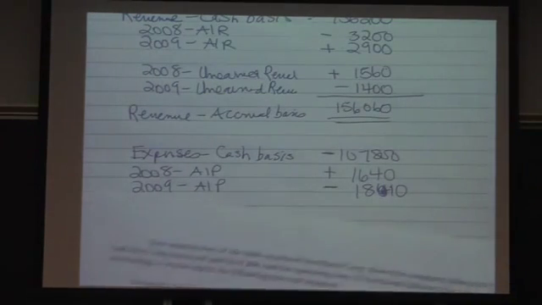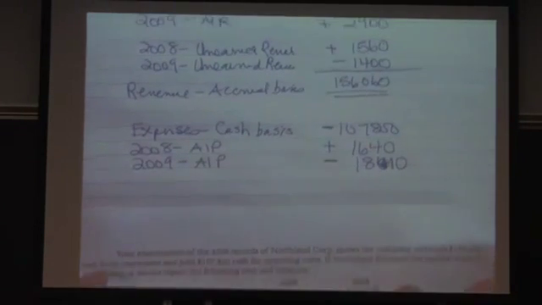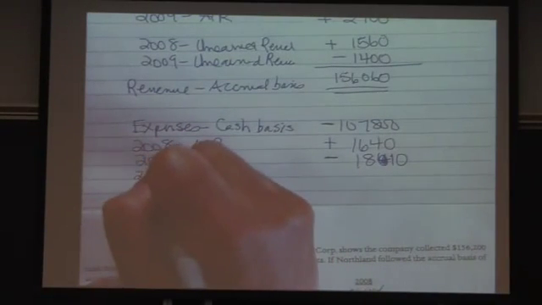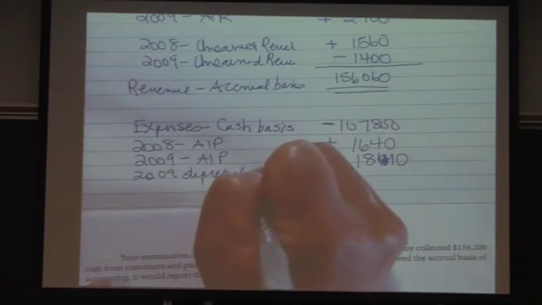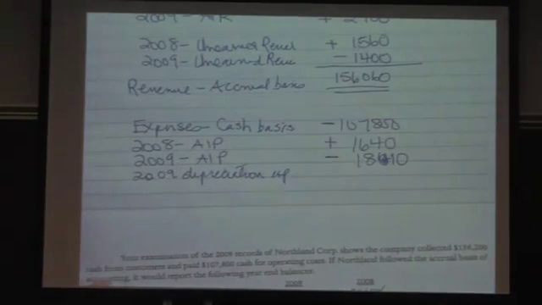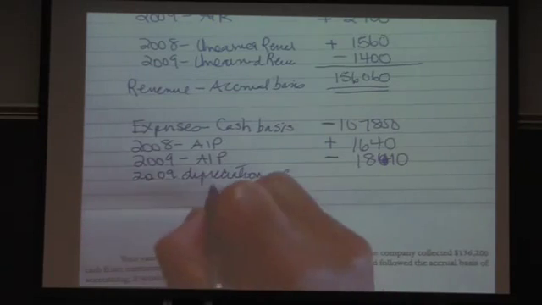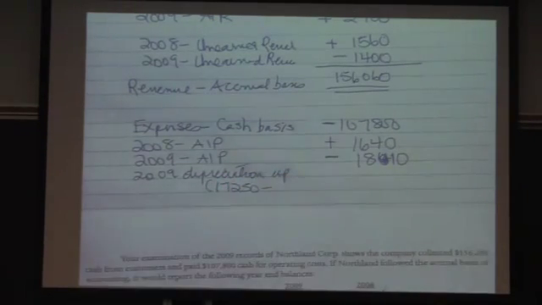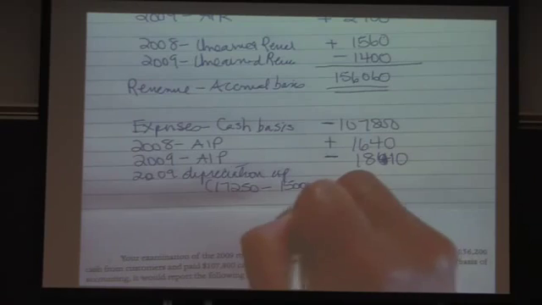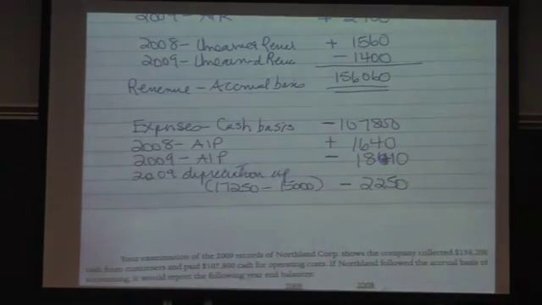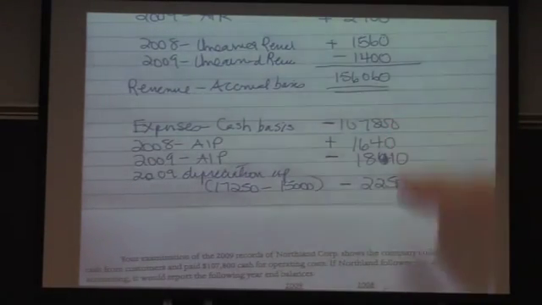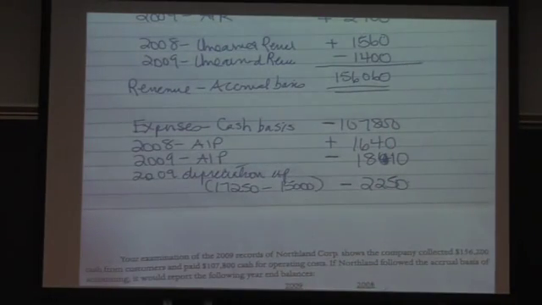So what we're going to do now is recognize an additional expense in the form of 2009 depreciation. And that would have been the difference between 17,250 and 15,000. So this one is minus 2,250. The reason why I'm adding it as a negative is because it's essentially an expense. Expense reduces net income. Okay?